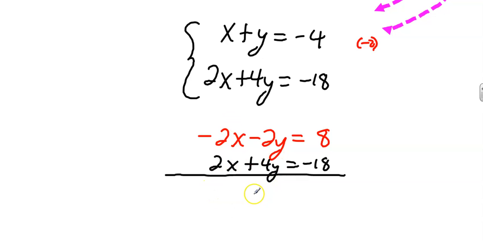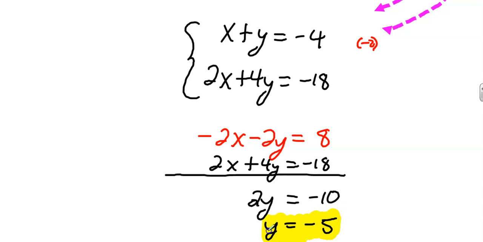So the x's drop out. 2y equals negative 10. So y would be negative 5. Okay, so there's our first solution.